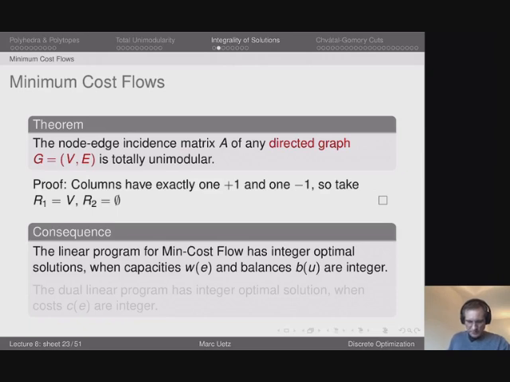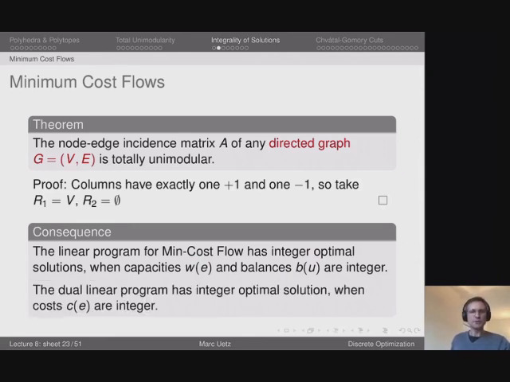So that is nice, because as a consequence, the linear program for minimum cost flow, that is something that we already knew, has integer optimal solutions whenever the capacities, which are the right-hand sides, and the balances, the other right-hand sides, are integers. Okay. And also, if we look at the dual of the corresponding linear program for minimum cost flow, the dual LP also has integer optimal solutions whenever the costs are integer.